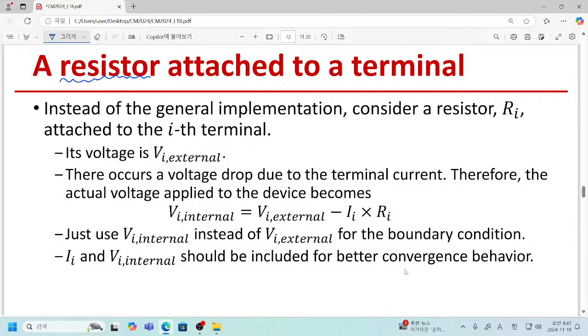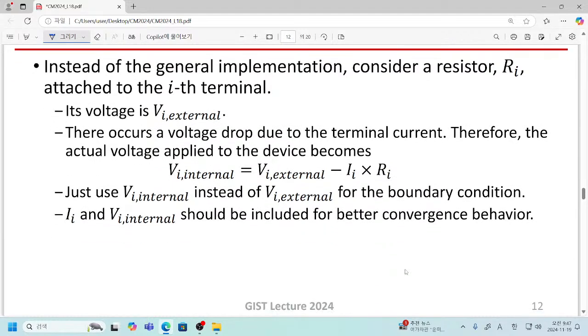Then how about this one? Let's say here we have a certain circuit or terminal area. For example, this can be a drain or a source or a gate.